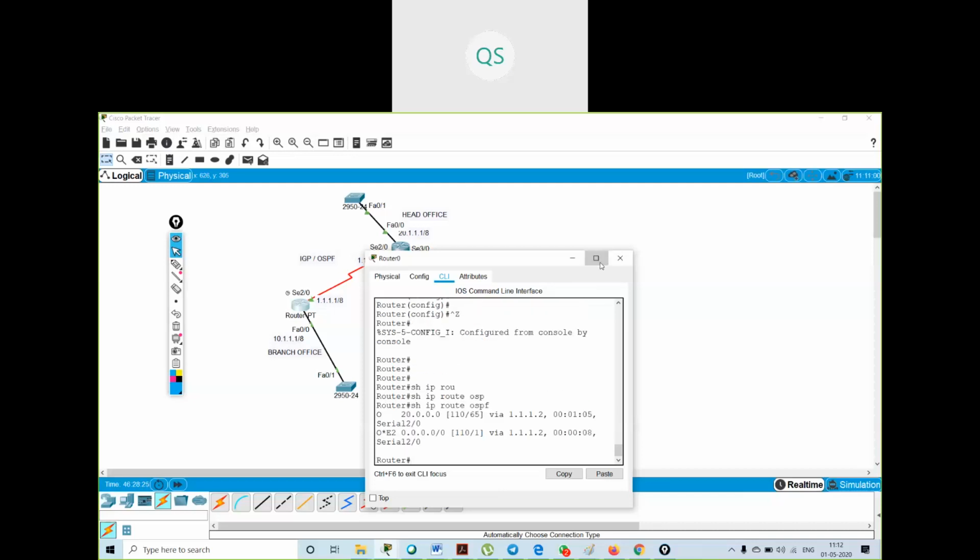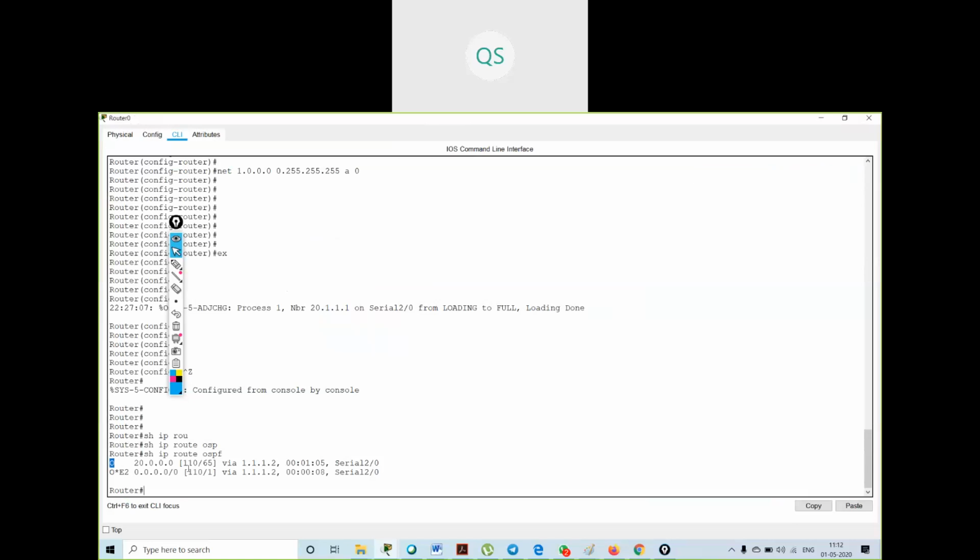See, I am getting two routes over here. One is the O route, that is my 20 dot network, and one is the O star E2 route, an external route. What is my external route? It is a default route via 1.1.1.2.